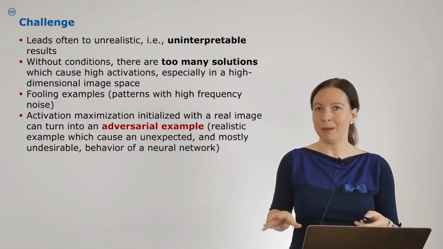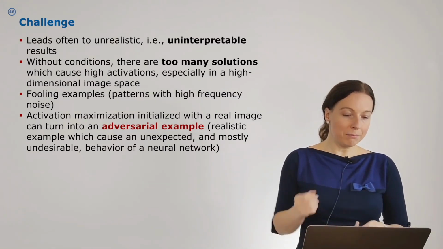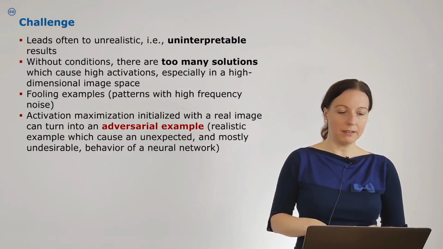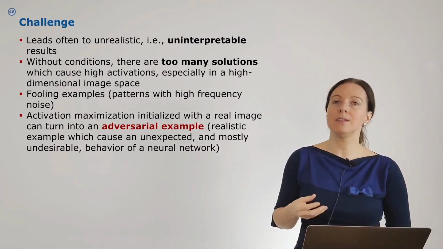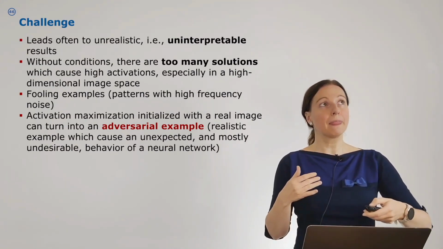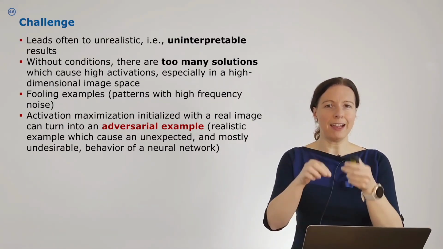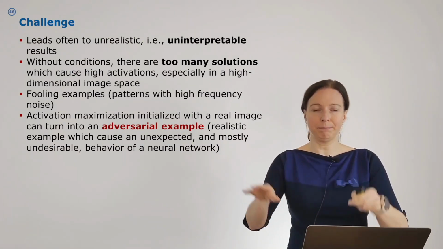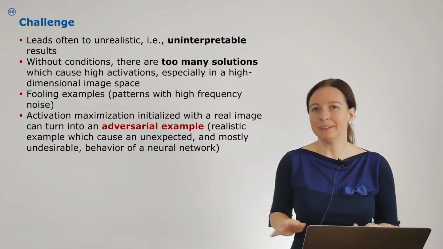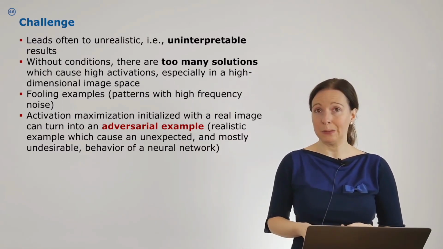solutions make no sense. There are so-called fooling examples, and this is when the pattern has high frequency noise. High frequency noise is not when the image is blurry; it's more like it has a fine texture, fine noise everywhere. Salt and pepper, very fine, but nothing what you want. But it very often causes this high frequency noise.